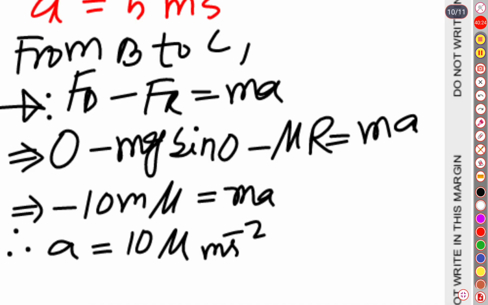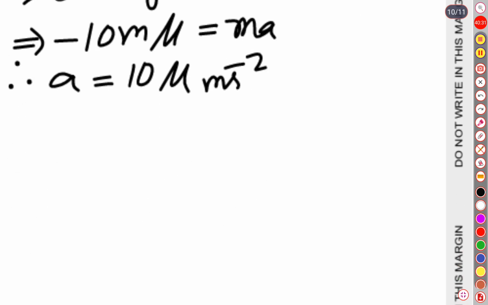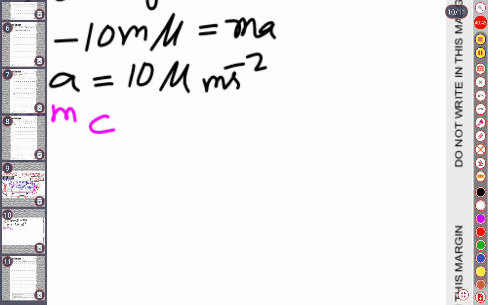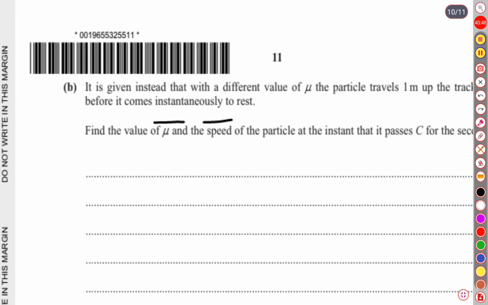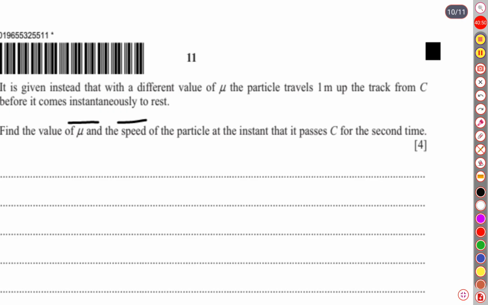Okay, we have got two accelerations, and then the acceleration at the final point. Same way we will calculate from C until, let us see, the question has told that the particle travels 1 meter up the track from C before it comes instantaneously to rest.